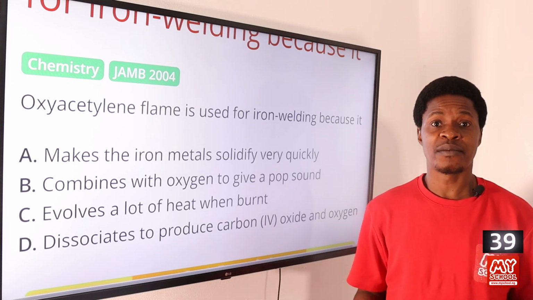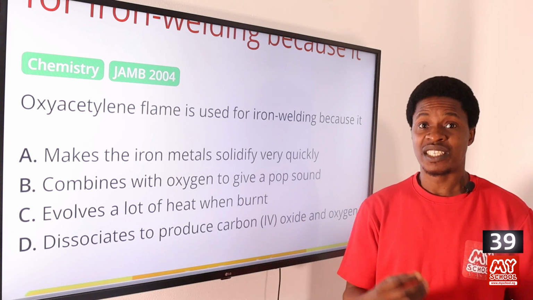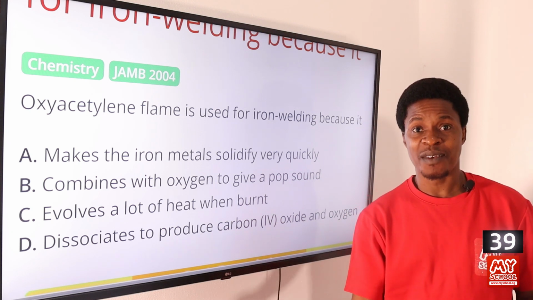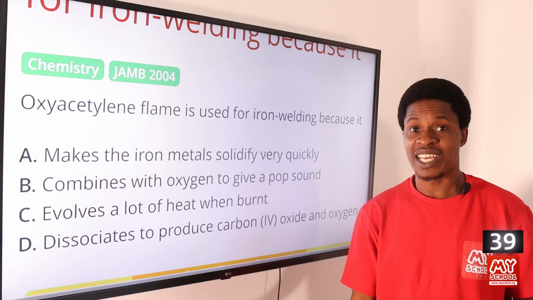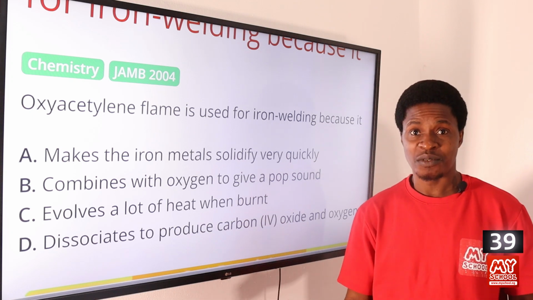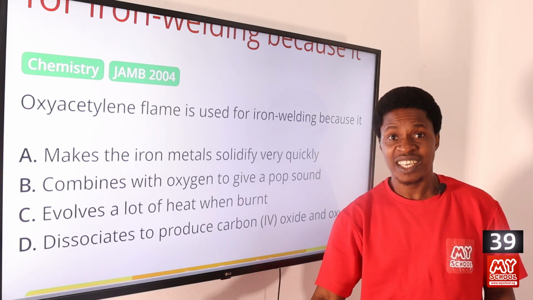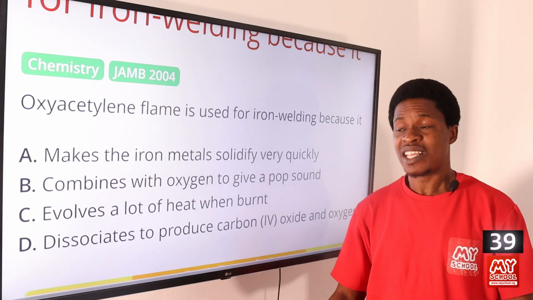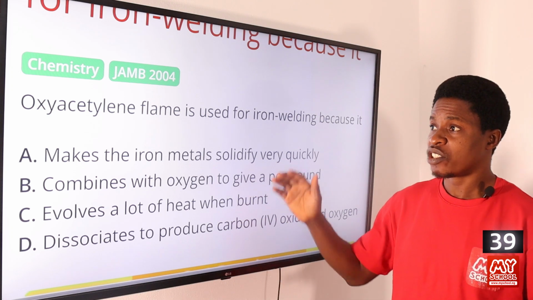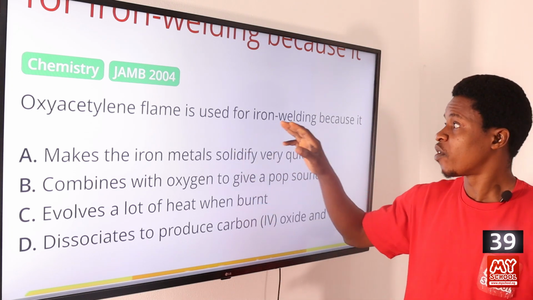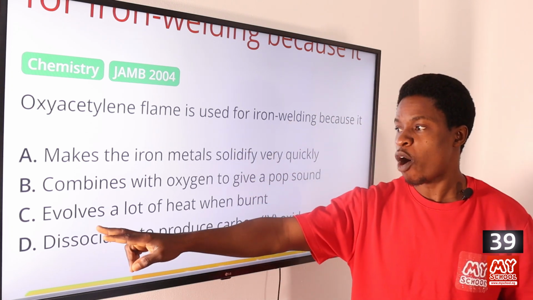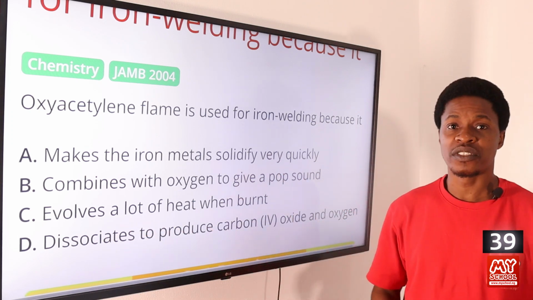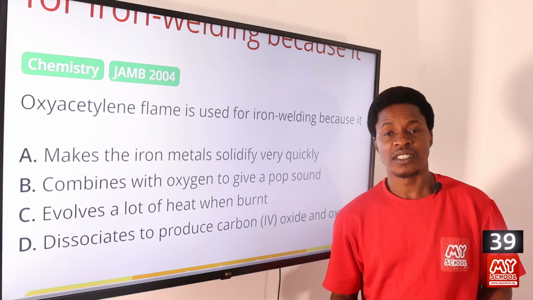Eventually, those white substances like chalk that you see when you go to welders, those panel beaters, those are your carbide. They are from the oxyacetylene flame that we have there. So, among these options, oxyacetylene flame is used for iron welding because it evolves a lot of heat when burnt. The correct answer is option C.